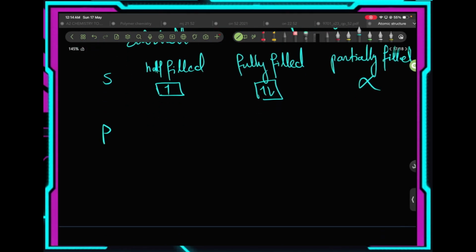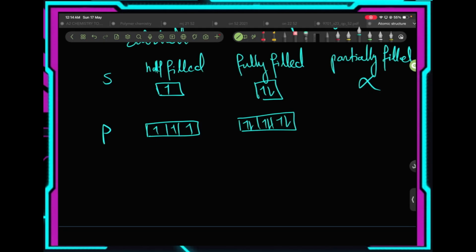But what about a p orbital? A p orbital can accommodate 6 electrons. What's the half filled configuration? It needs to have 3 electrons, and we always fill 3 electrons separately in their own orbitals with the same spin, right? And in the same direction. What about the fully filled configuration for the p subshell? It should have 6, right?